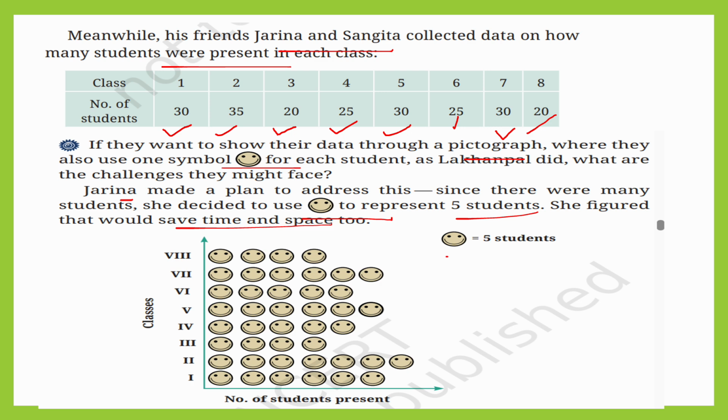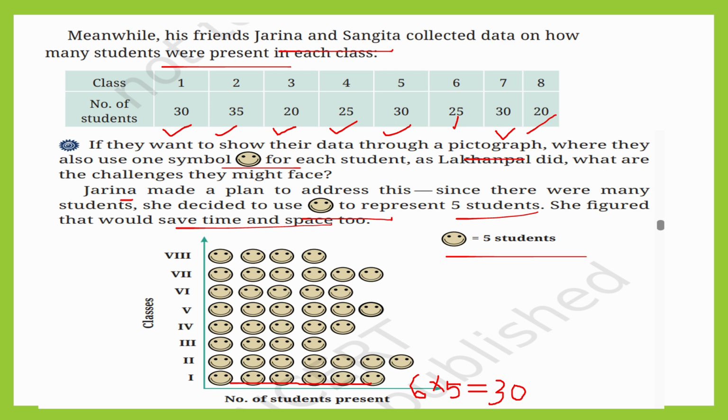See the pictograph, one symbol represents 5 students. So, in class 1, how many children are present? 30 children. So, how many symbols are used here in class 1? 1, 2, 3, 4, 5, 6. So, 6 symbols. 6 into 5, 30. Because one symbol represents 5 students.